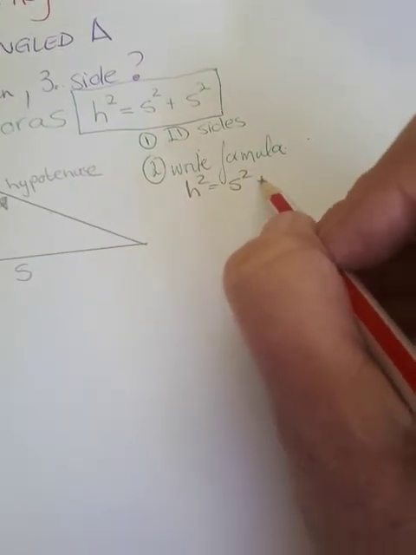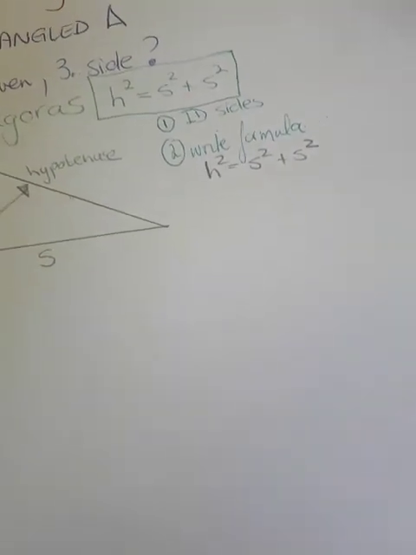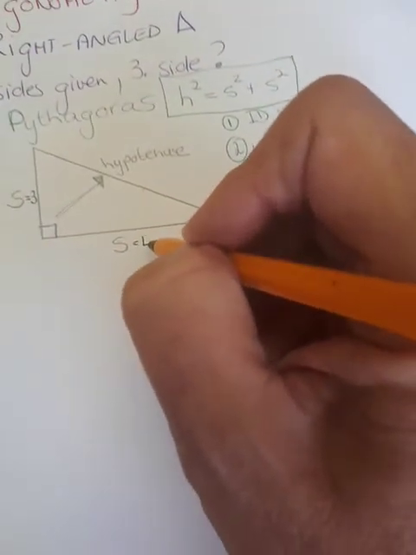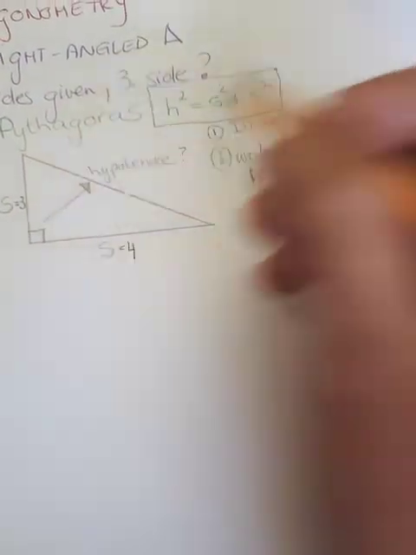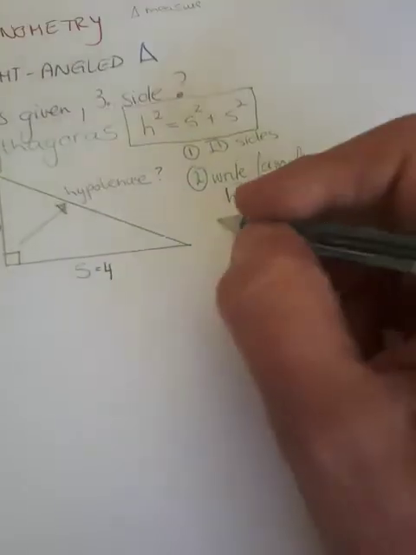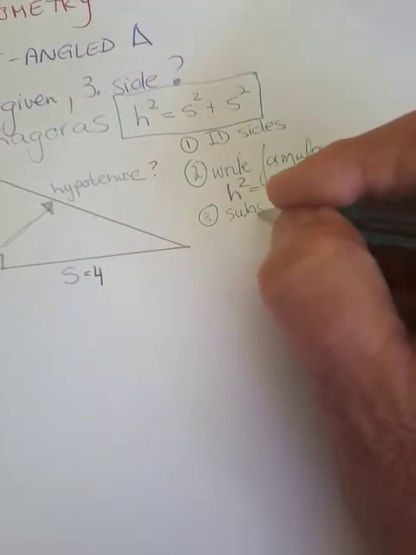Side squared plus side squared. Okay, let's assume they have given you this side length as 3 and that side length as 4, and they had asked you to calculate the hypotenuse. Then in the next step, people, after having got a formula, we substitute values.